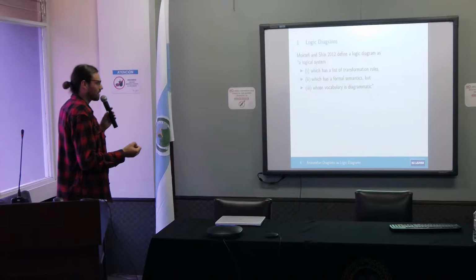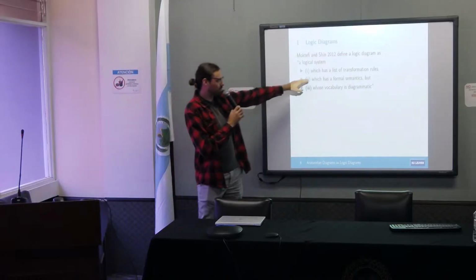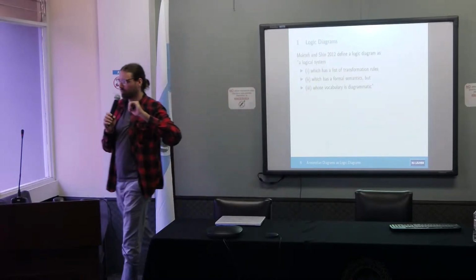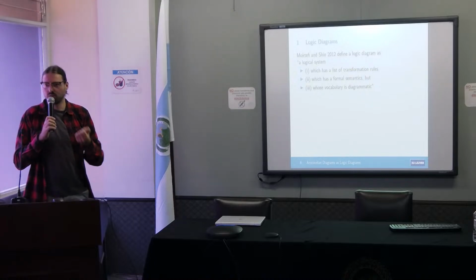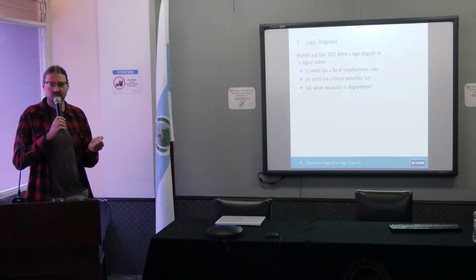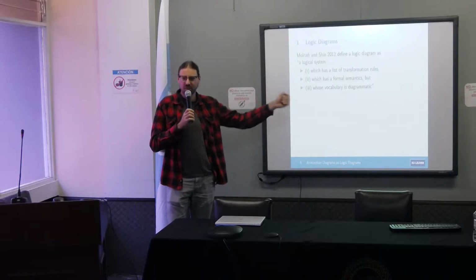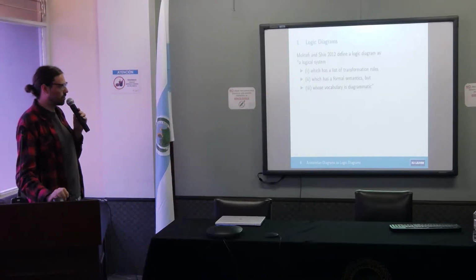So what is a logic diagram? A logic diagram is a logic, something with a form of semantics, something with rules to change the diagram, to change the well-formed formulas. But instead of having symbolic formulas, you have diagrams. So the well-formed formulas of your logic are going to be diagrams, and the elements of your language are going to be diagrammatic components.